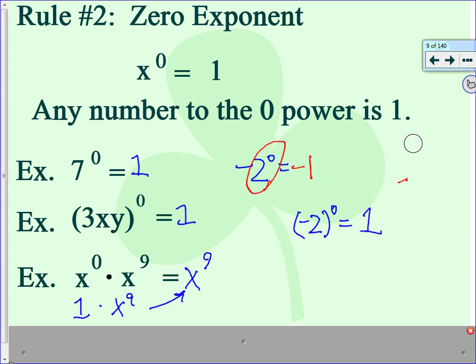And then later it says multiply. Making something negative is like multiplying it. So you do 2 to the 0 and then you make it negative. So -2 to the 0 power is -1. It's not positive 1. But this is 1 because this says take -2 to the 0 power. This says take 2 to the 0 power and then make it negative. So it's all about the order in which you're asked to do things. Questions on that?